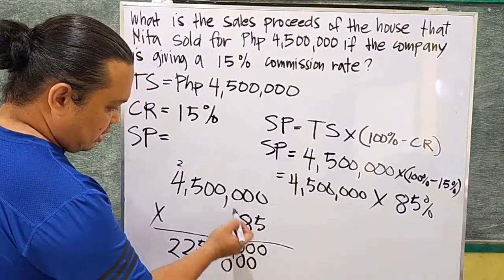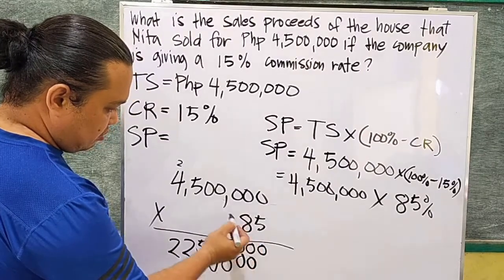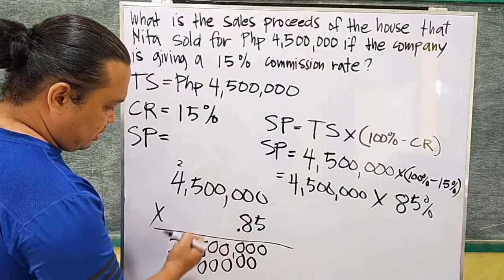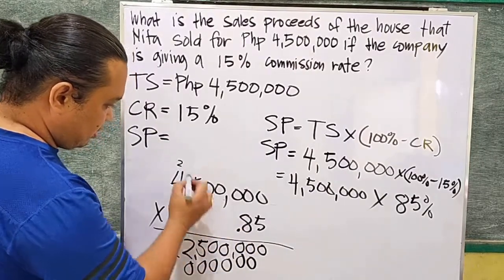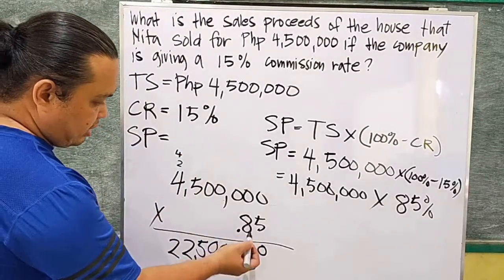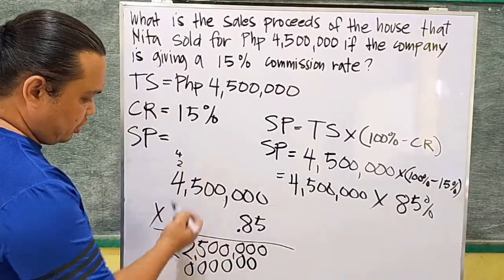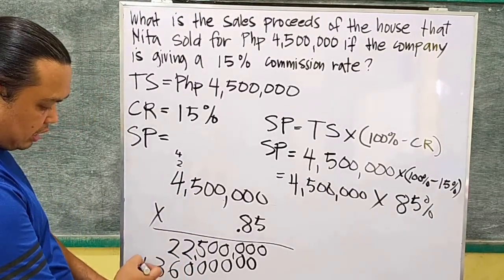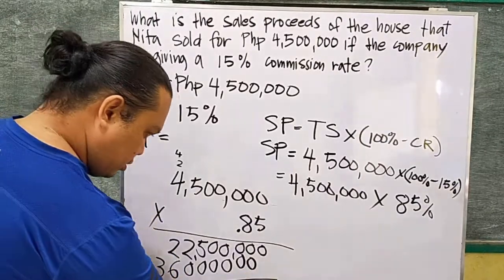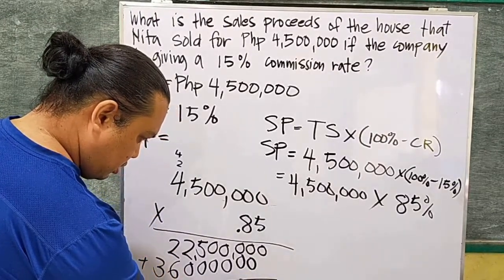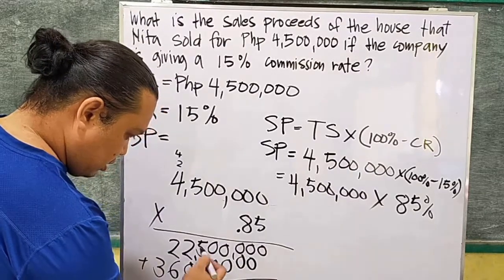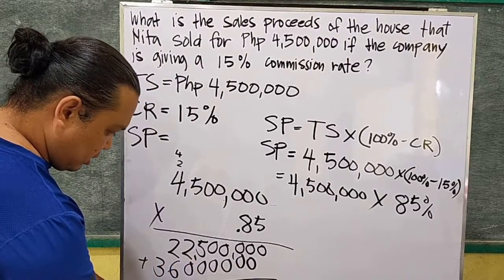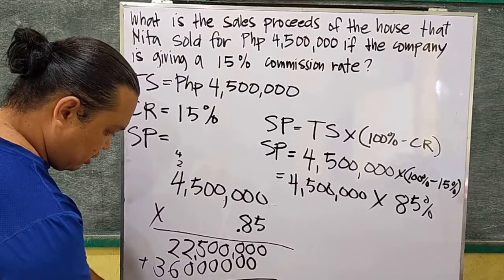Okay, next 8 times 0, 0 here, 8 times 0, 0 here. 8 times 5 is 40, 0 carry 4. 8 times 4 is 32, 32 plus 4 is 36, 36 and 8. Then let's add: 0, 0, 0, and 5 here, 2 and 2 plus 6 is 8, and bring down 3.